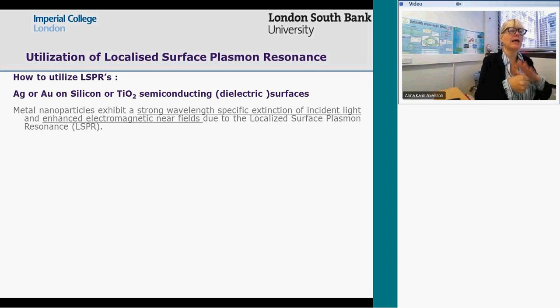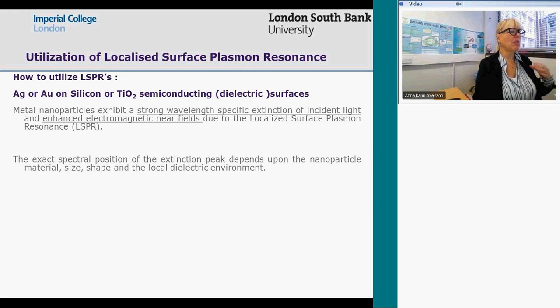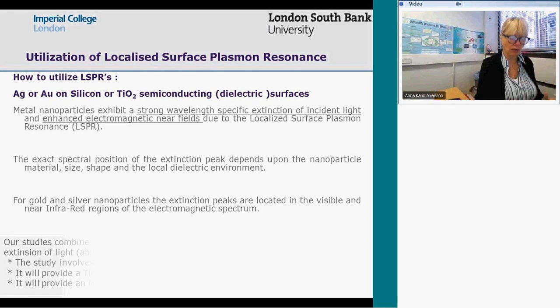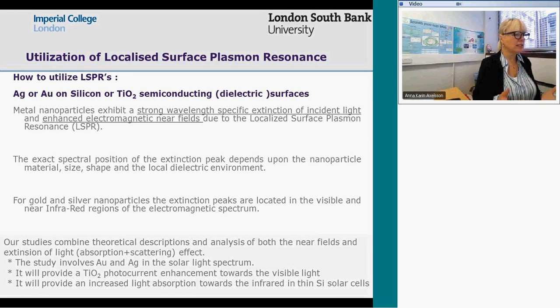We're going to look at this extinction and the near field being formed around this localized surface plasmon resonance, and at when this is occurring and what mechanism we can extract from it. We need to know the exact position of this extinction peak and how it varies between gold and silver, in particular when they are in nano arrays.